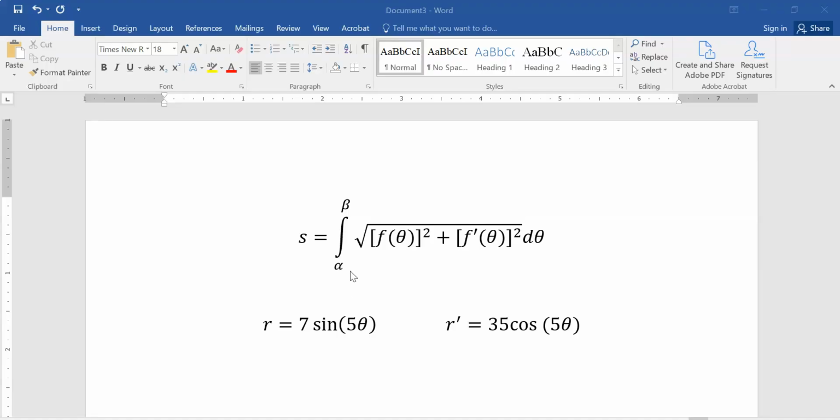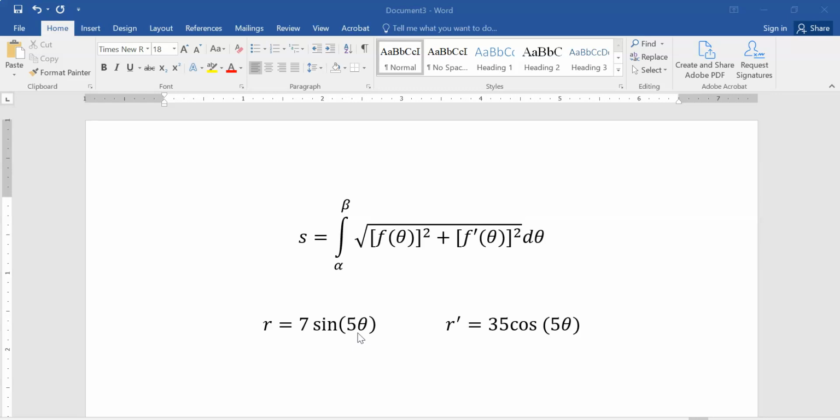All right, so we start with the arc length formula once again. Alpha to beta, square root, same deal. We have r equals 7 times sine of 5 theta. If I take a derivative, sine is cosine, but since this inside function is not just theta itself, since it's 5 theta, I need to multiply by the derivative of the inside function.